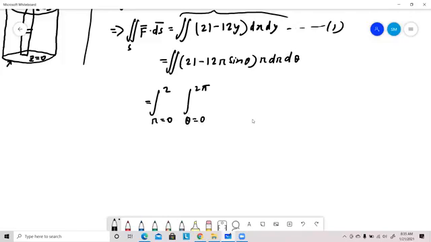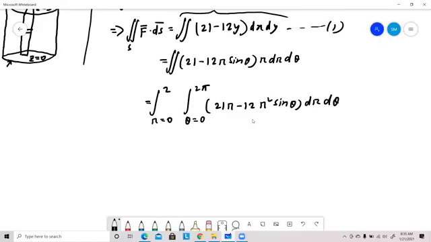Okay, and if we multiply, this is 21r minus 12 r square sine theta dr d theta.